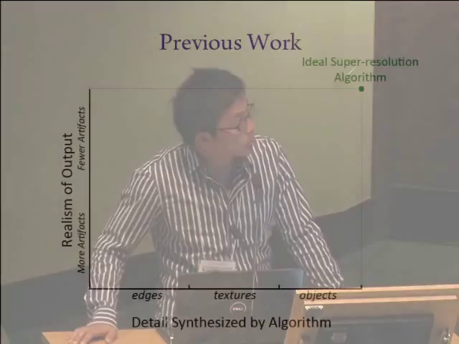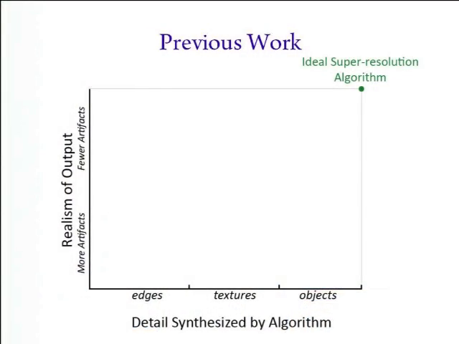On top of that, we claim there should be two other things we look at. One is level of detail, which is on the x-axis. Then there's also realism. An ideal algorithm should be in the top right corner, so far out there. It should have a lot of detail while at the same time being realistic.